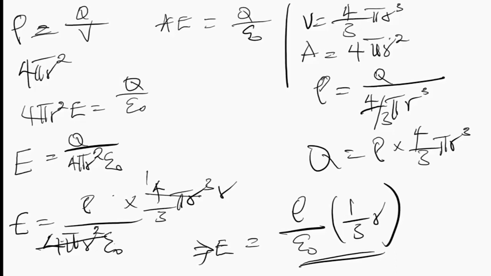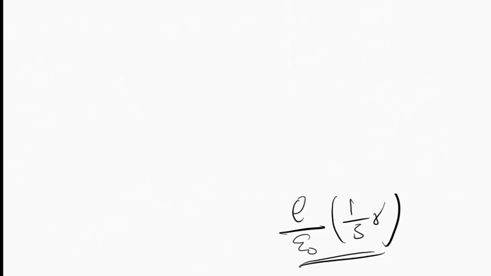So let's go ahead and wipe this. Alright, so since we have E to be this, let's also recall that rho is Q over the volume. So we can also get back to something familiar.